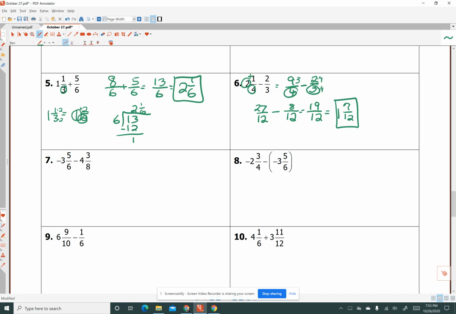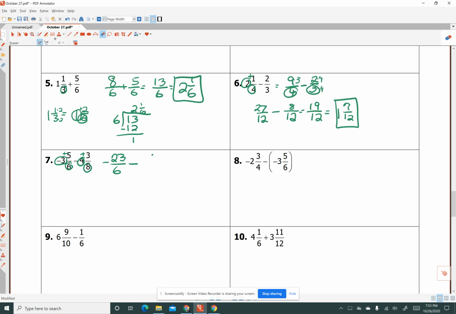Number 7. Or you can convert the denominator first or go straight to mixed numbers. Let's go to mixed numbers first. So 6 times -3 is -18, plus 5 is -23 over 6, minus 8 times 4 is 32, plus 3 is 35, sorry.